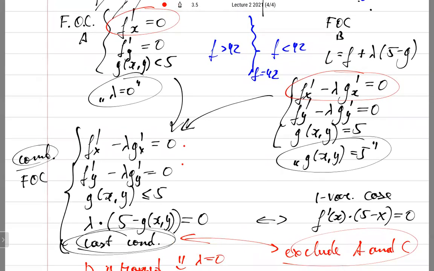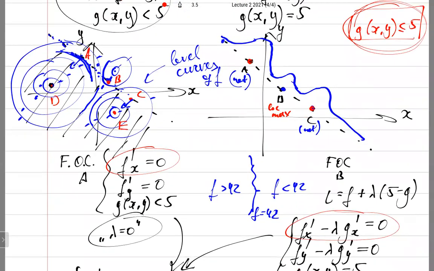Excuse me, can you explain one more time why D and E are trapped if lambda equals 0? I didn't get it a little bit. The first order condition for the points D and E is the following.